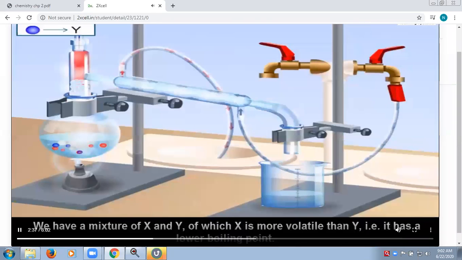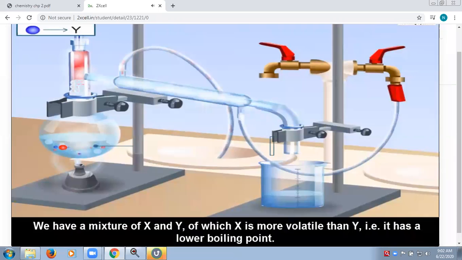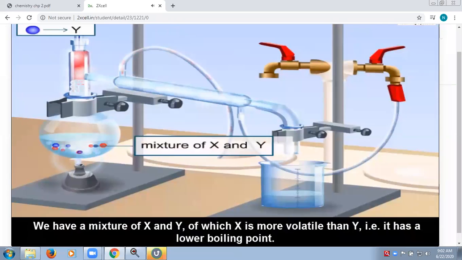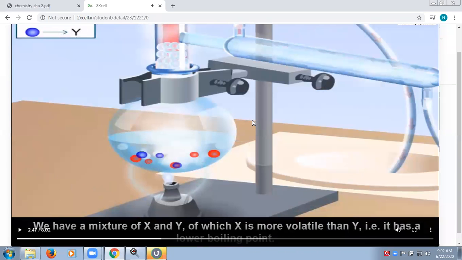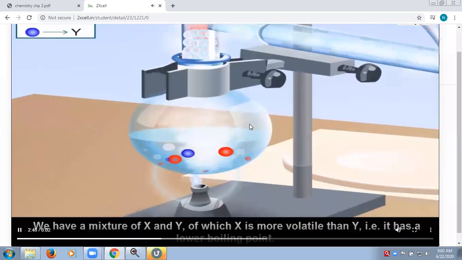Let us assume that we have a mixture of X and Y, of which X is more volatile than Y. It means that X has a lesser boiling point than Y. Clear? It has a lower boiling point.